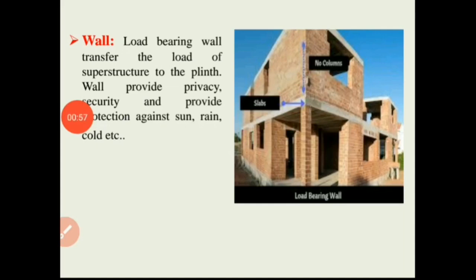Now next is wall. This is the figure of a wall. The walls are vertical elements on which the roof finally rests. They can be made of different materials like brick, stone, mud, concrete block, etc. Load-bearing walls transfer the load of a superstructure to plinth.